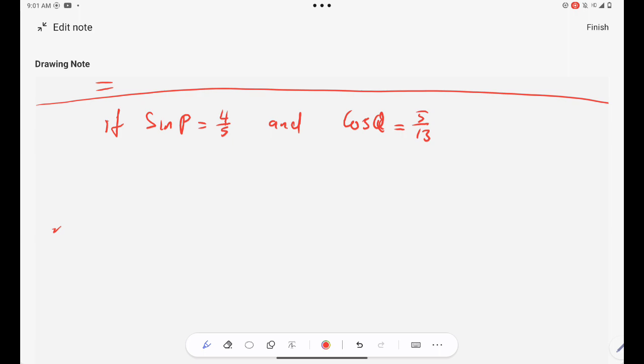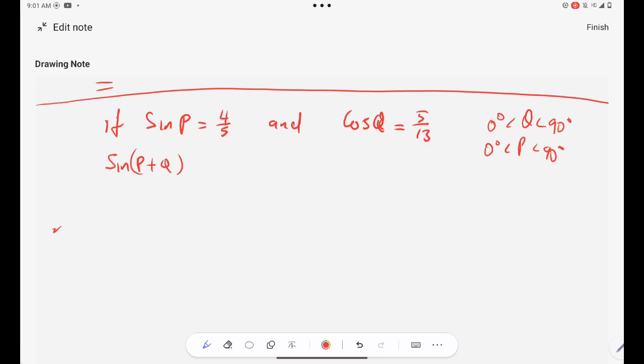And then let me see. You're just asked to find the value of sine of P plus Q, and you are told that Q is in the first quadrant, and also P is in the first quadrant.